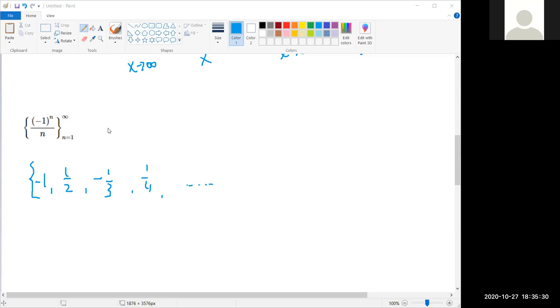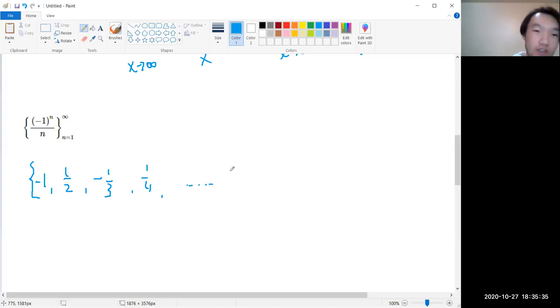Would you be able to use the second theorem, the one with absolute value? Yeah. Okay, so let's use that one. So instead of considering this sequence, we can consider the absolute value of it. Consider the absolute value of -1 to the nth power over n.